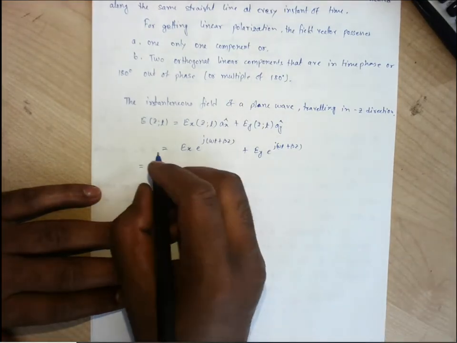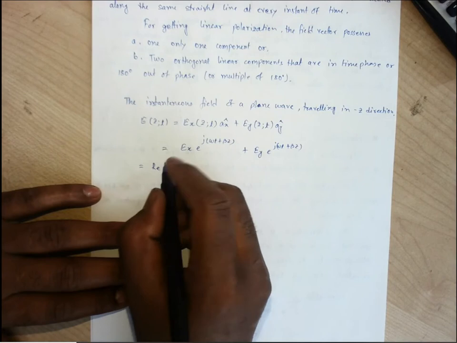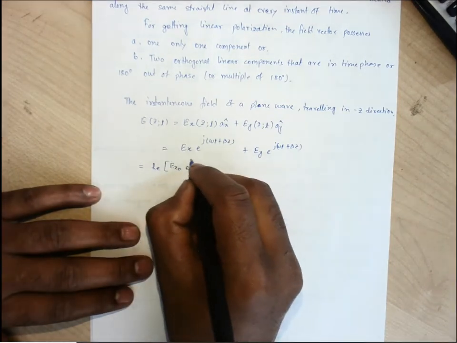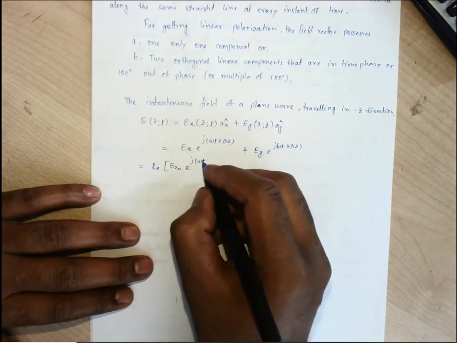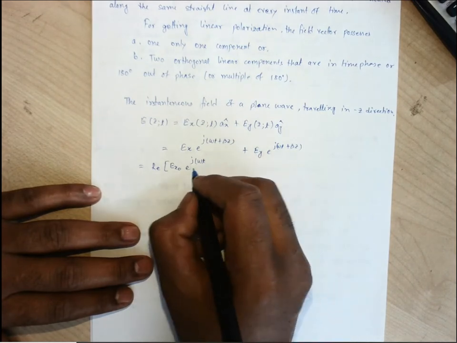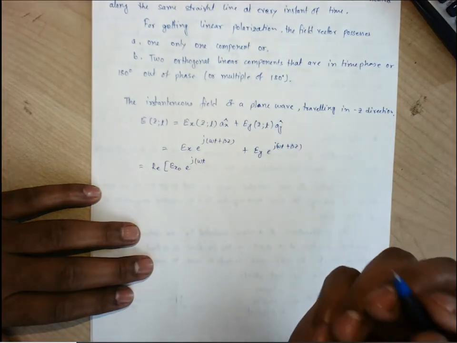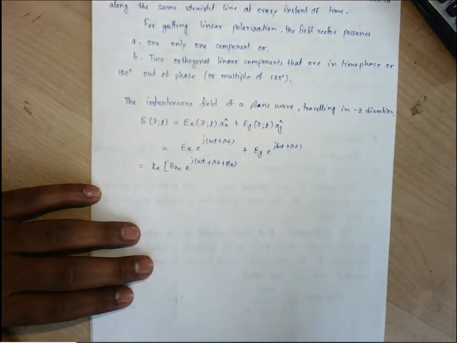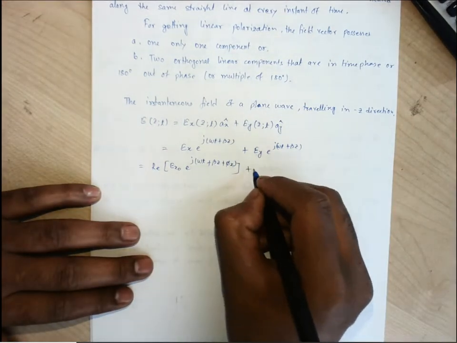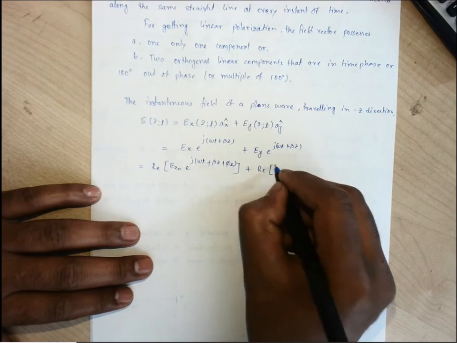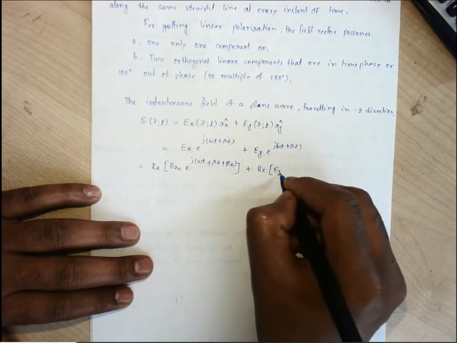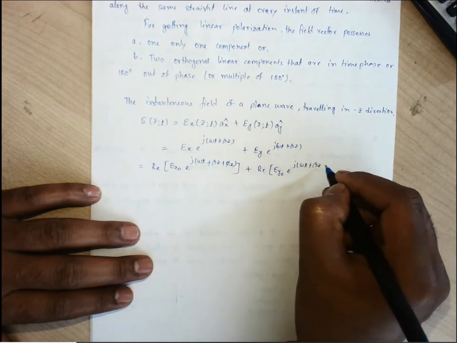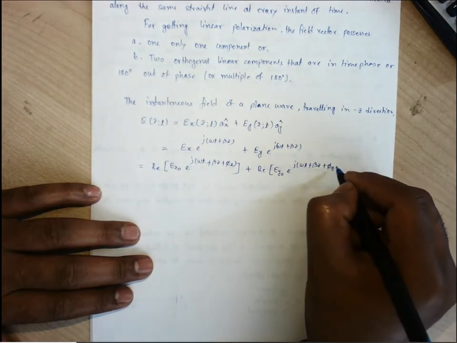So let us take the real value: the maximum value Ex0 with omega t plus beta z plus phi x, some phase included, and omega t plus beta z plus phi y.